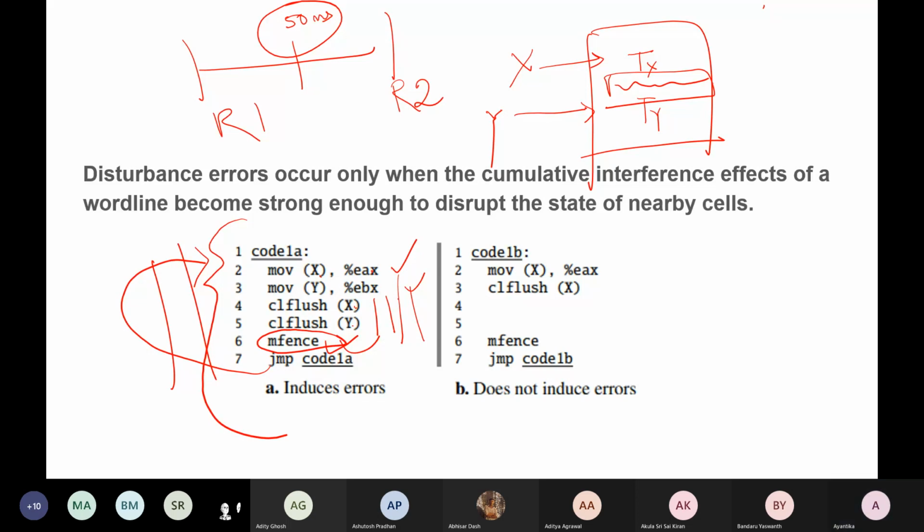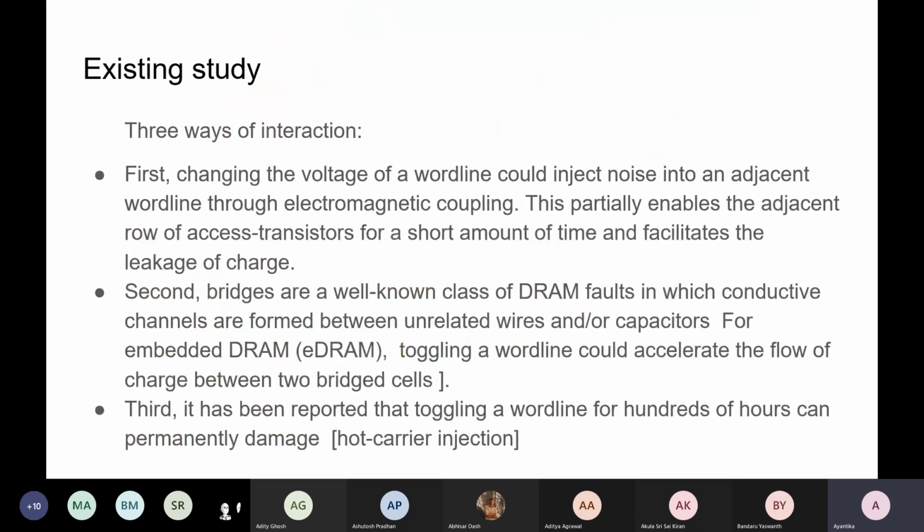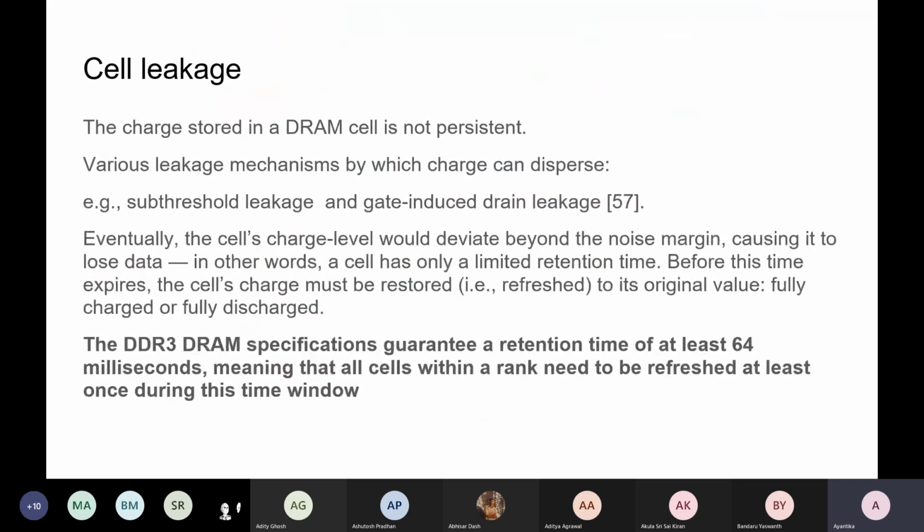You may ask why it is not fetching data only from X. If it is fetching data from X, then consider this diagram.